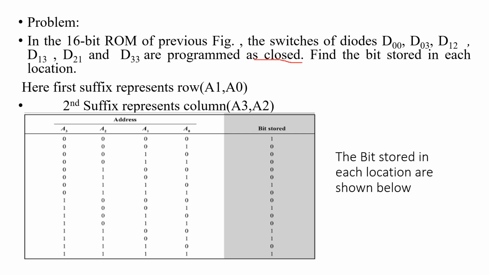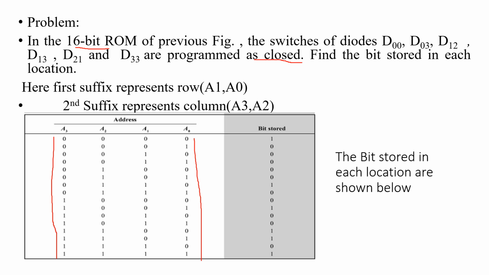Find the bit stored in each location. 16 bits means a total of 4 address lines are required. So using the 4 bits A3, A2, A1, A0, first you have to write all possible combinations, from 0000 to 1111.